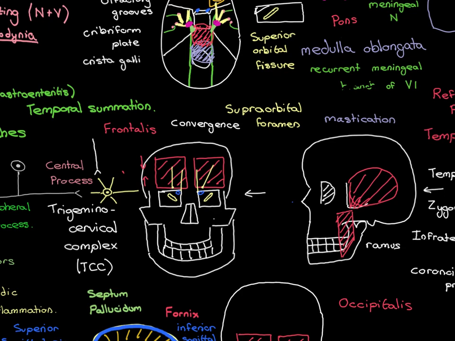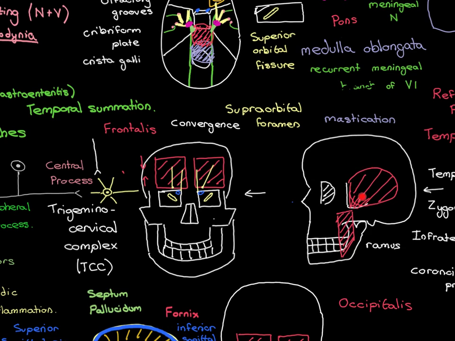Those primary nociceptive afferent central processes will be converging in the trigeminocervical complex, and the second order neurons that they're converging onto will also be receiving input from primary nociceptive afferents from peripheral places, most likely that are also coming in from the mandibular nerve.